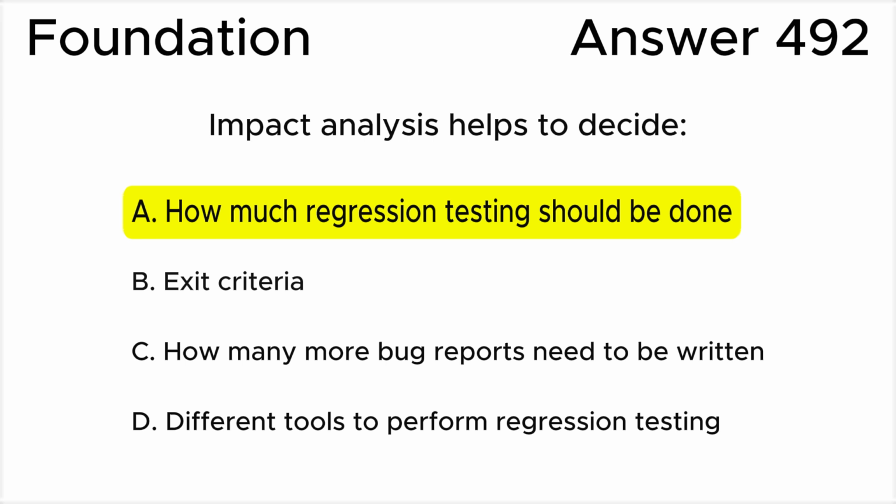Since regression testing ensures that changes do not introduce new defects, impact analysis helps in deciding the extent of regression testing needed. The primary purpose of impact analysis is to determine how much regression testing should be done.